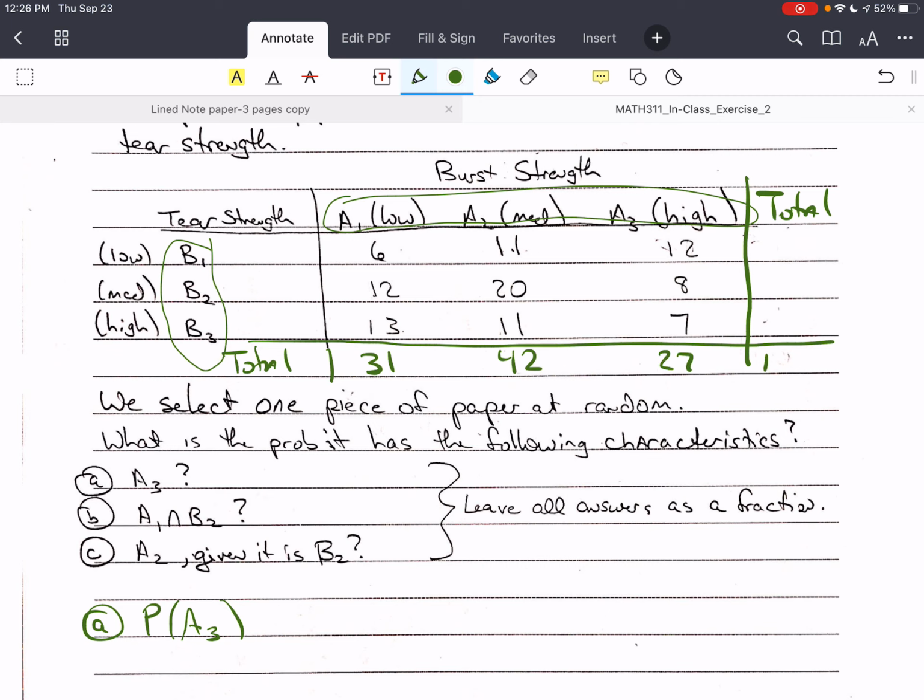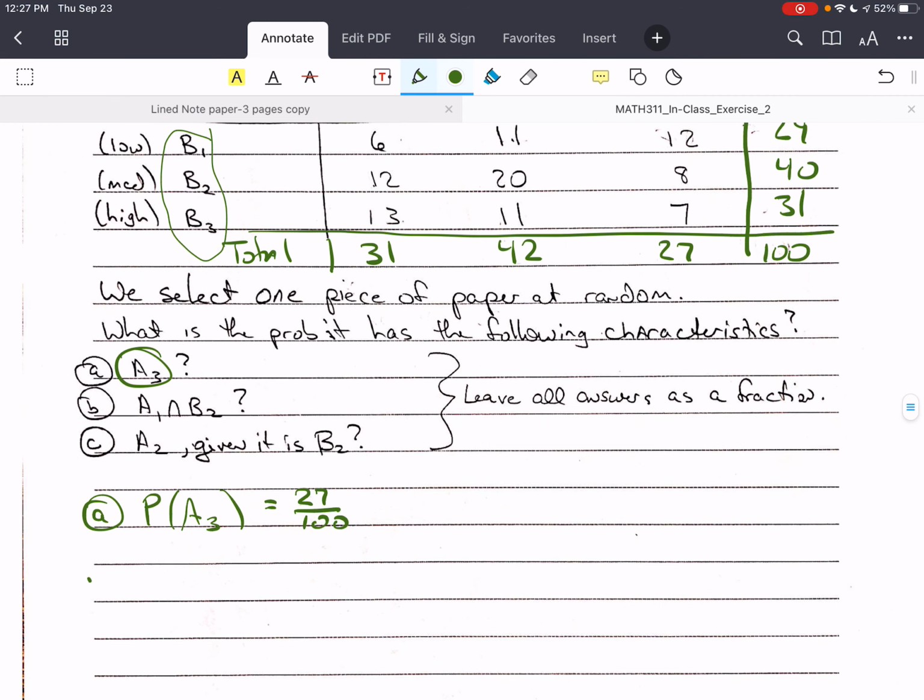And if you add those together, you should get 100. You better get 100. And then for the first row, that's 29, and then 40, and then 31. And again, those add up to 100. So the probability of A3 is simply 27 over 100. No work is required for this one, it's obvious.